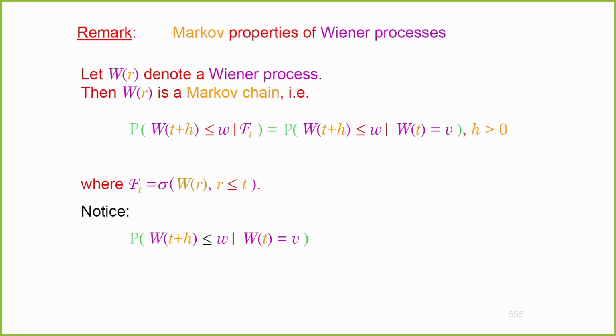If the current observation, which is the observation at time point t, is already fixed, which is denoted by the equality here, that the process at time point t is equal to some constant, then you can simply transform this expression by using the following.